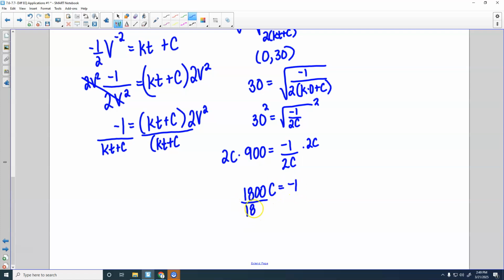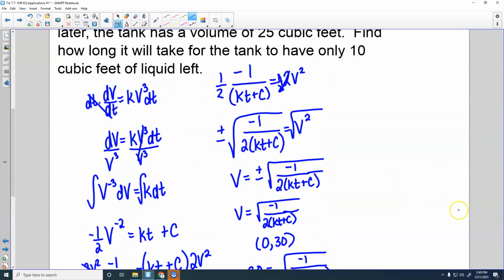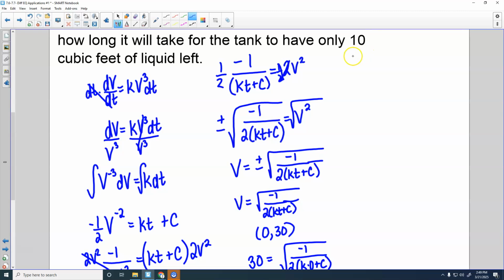And I'm going to divide by 1800. It's an ugly C, but we found it. So negative 1 over 1800 is our C. So if I go back up here, V equals the square root of negative 1 over 2 times (KT minus 1 over 1800).